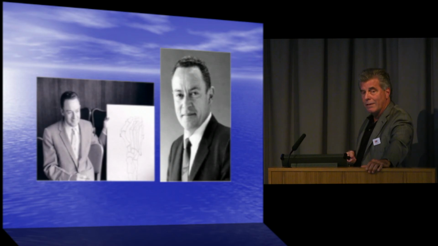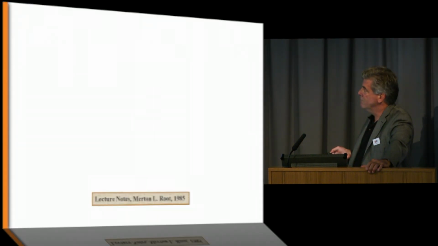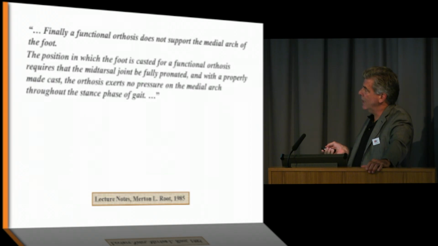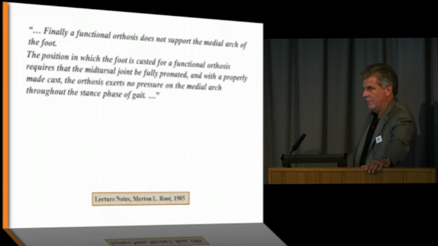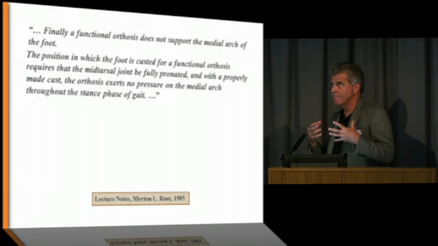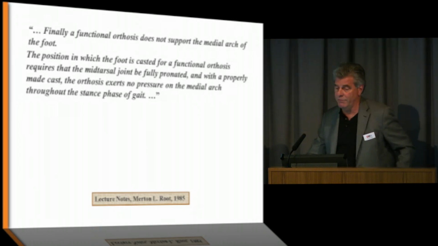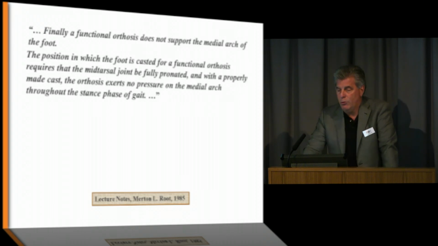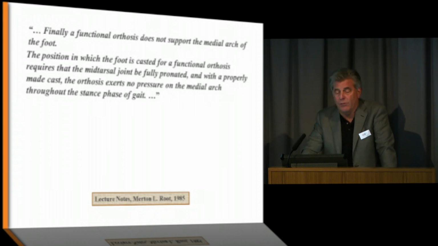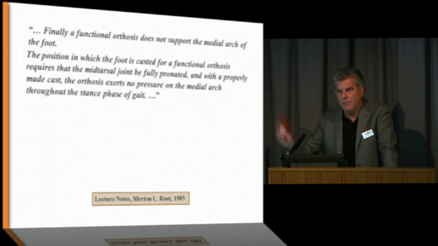But then we went back to this guy, Merton Root, okay? And I got his lecture notes out, and I think of all the things Root did and said, and he was criticized, obviously, and a lot of people have questioned some of his conclusions about certain functions of the foot. But I think this was his biggest contribution, and that was what he described a foot orthotic should do.